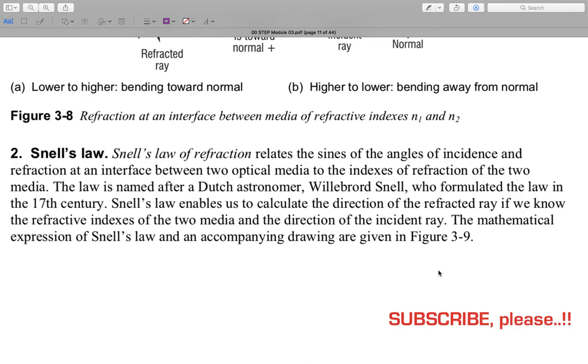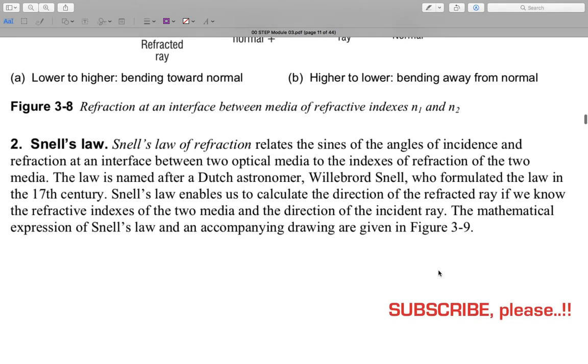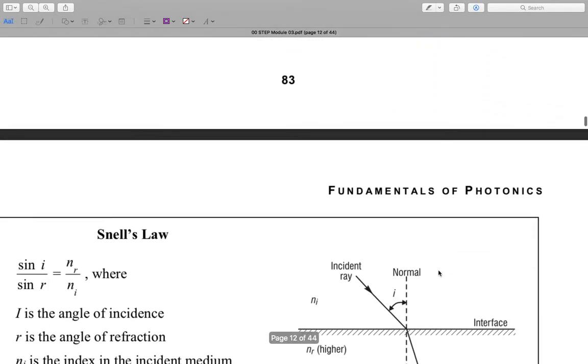Snell's law enables us to calculate the direction of the refracted ray if we know the refractive indexes of the two media and the direction of the incident ray. The mathematical expression of Snell's law and the accompanying drawing are given in figure 3.9 here.